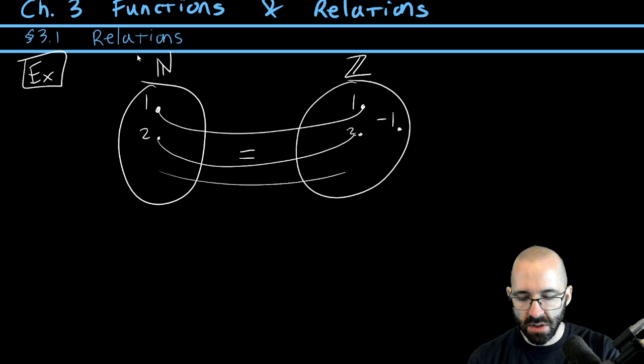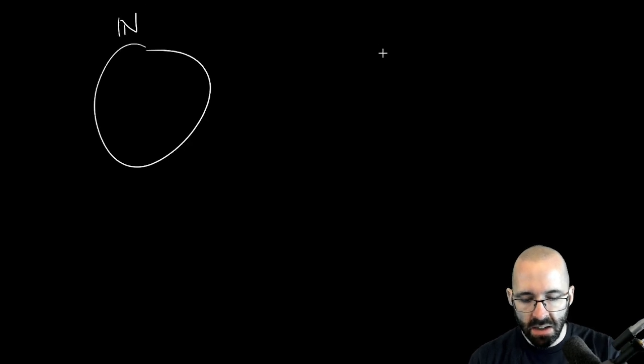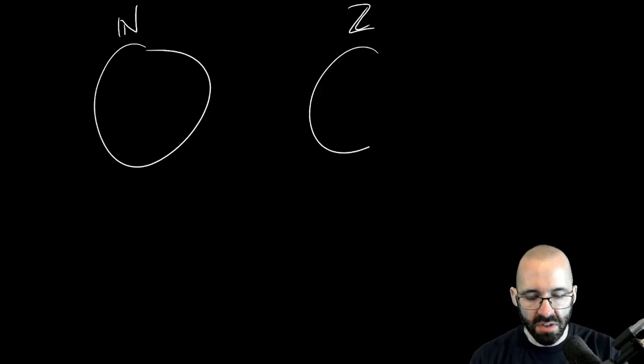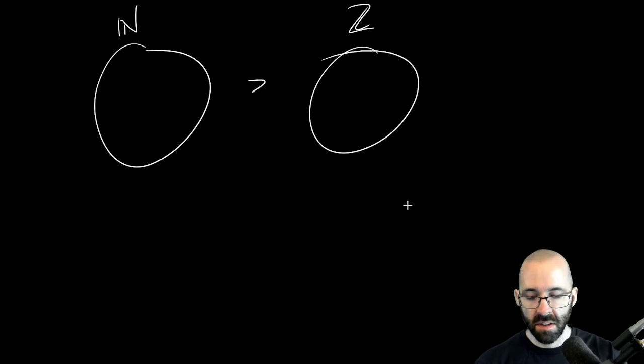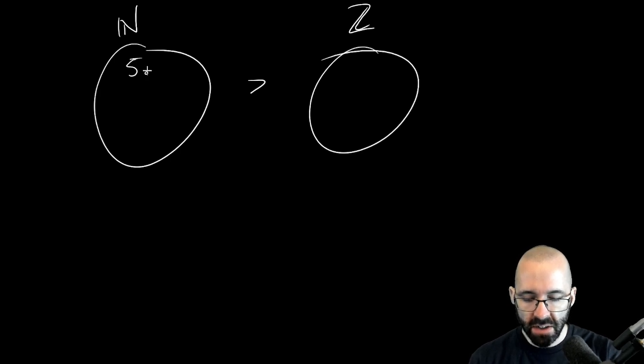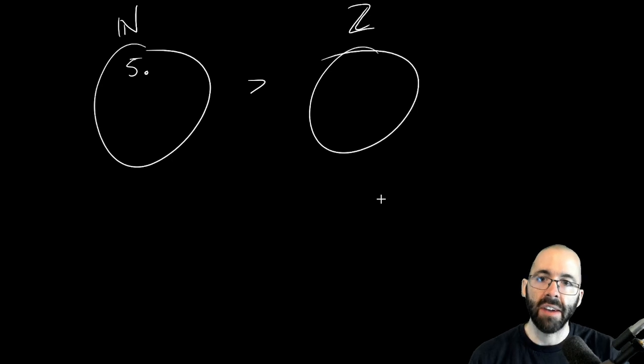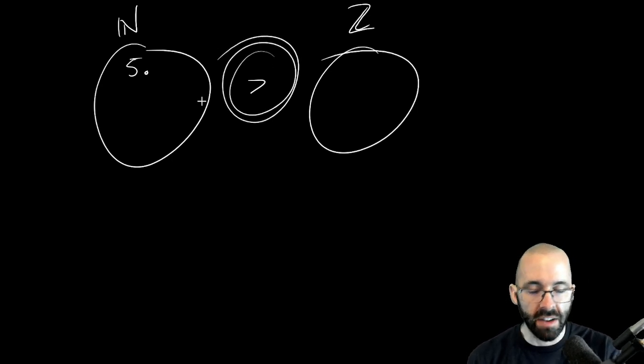You could have another relation. Again, let's also look at N, and let's have another relation to Z. And let's look at the greater than sign. So let's look at the number 5, for example. What elements in Z is 5 related to if the relation that we're talking about is the greater than sign?